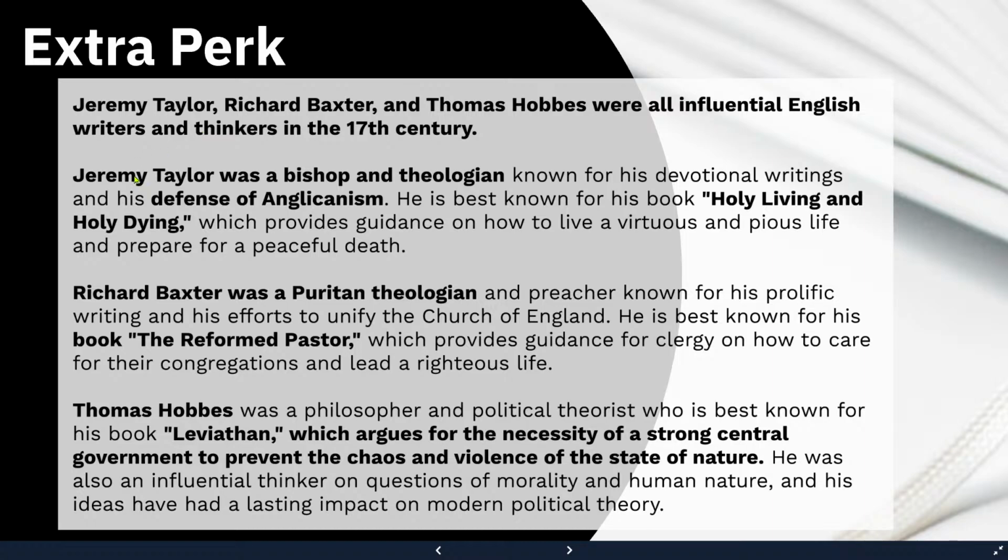Jeremy Taylor, as we know, was also a bishop and theologian known for his devotional writing in defense of Anglicanism. He is best known for Holy Living and Holy Dying. So remember his work, Jeremy Taylor, Holy Living and Holy Dying.